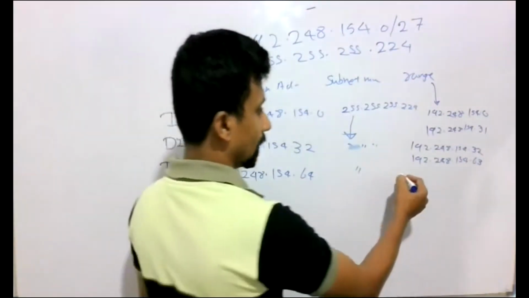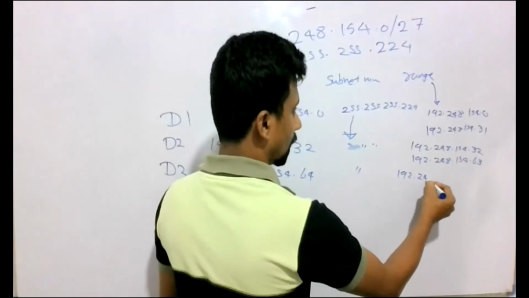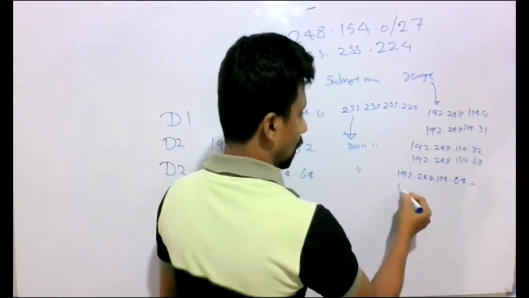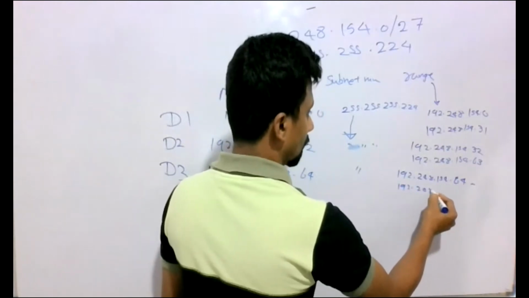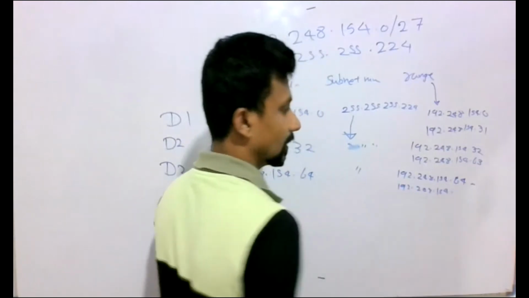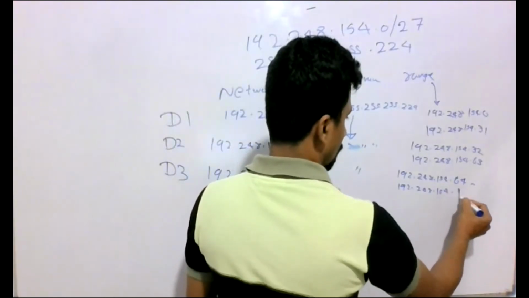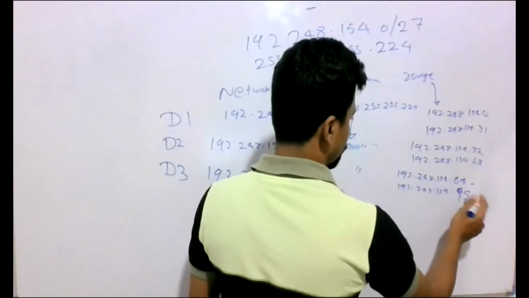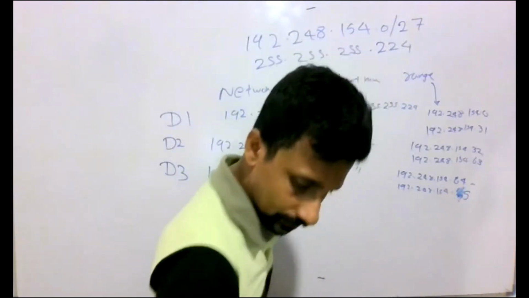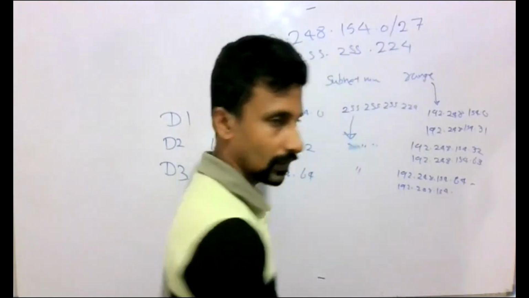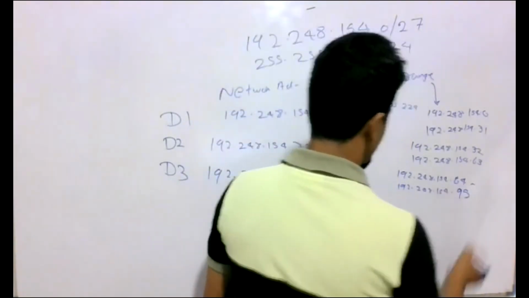So how to tell the range? 192, 248, 154, 64. එකට එහෙනම් 31 add කරන්න. 95. ඔන්න තුන්වෙනි range.